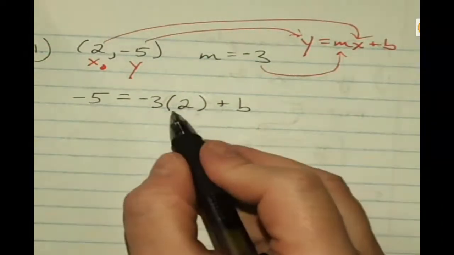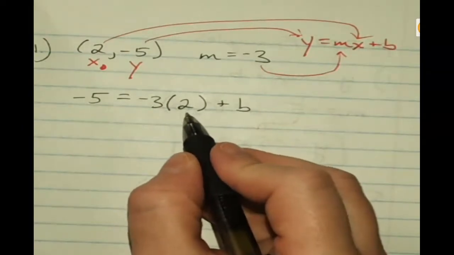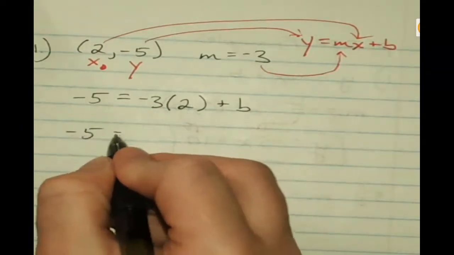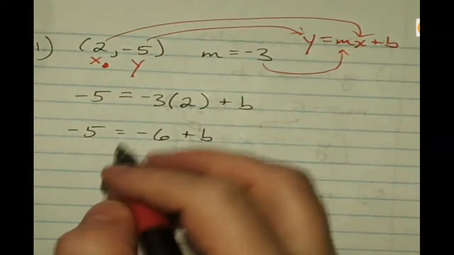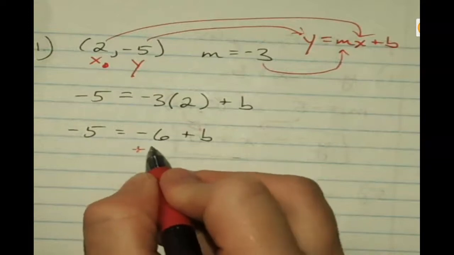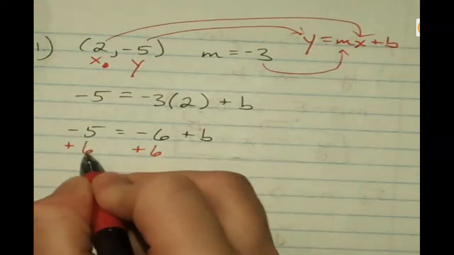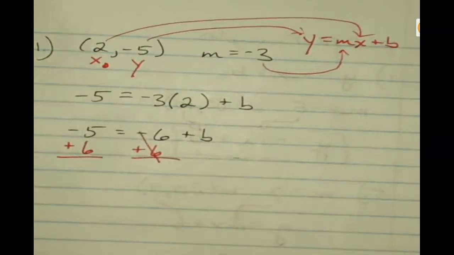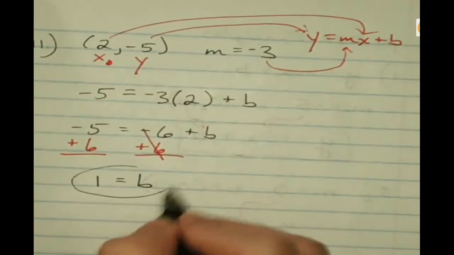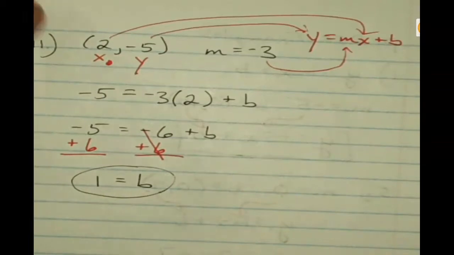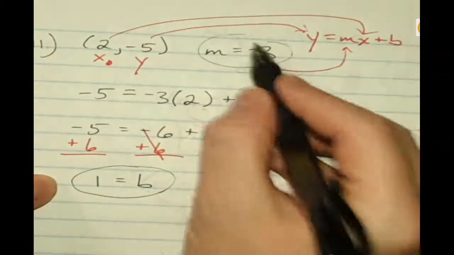All right. -3 times 2 is what, Cecilia? -6 plus b. Now what do I do? So you add 6, and you get 1 equals b. So now I have my y-intercept and my slope.